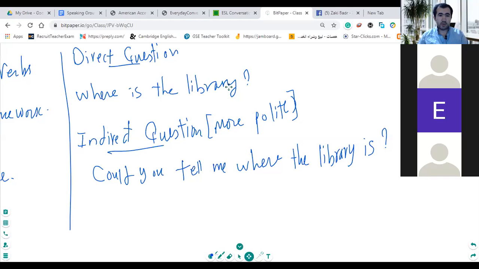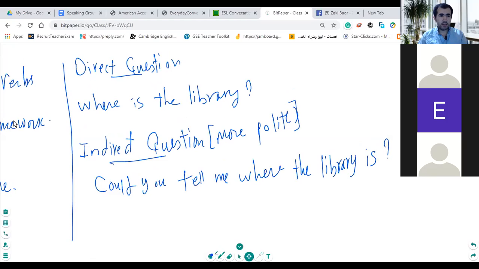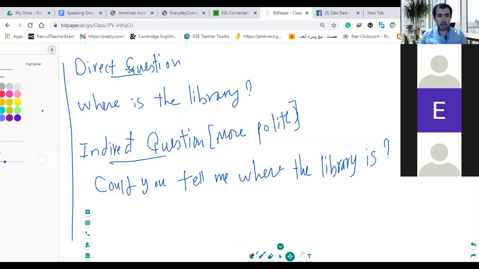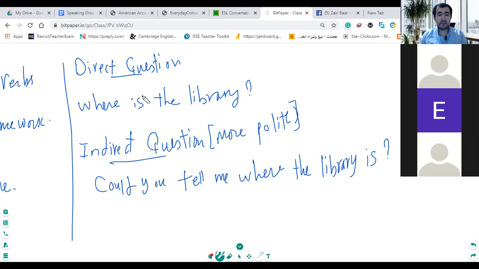Absolutely. What we notice here, the difference between the direct and indirect question, is the verb order. When you ask a direct question, you say the question word, where, then the verb, then the noun. But in an indirect question, you put the question word, then the noun, then the verb.